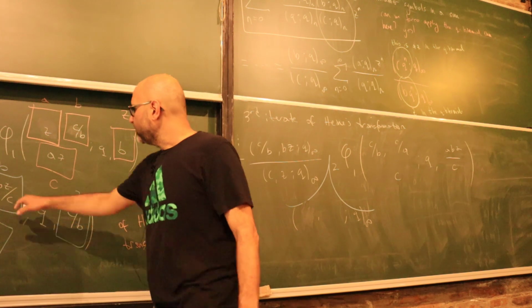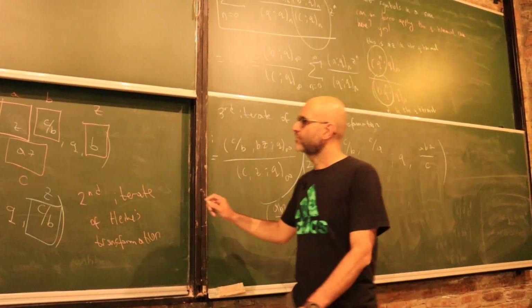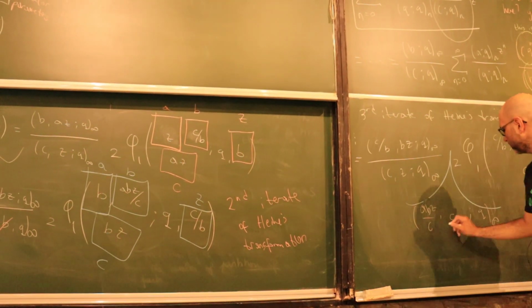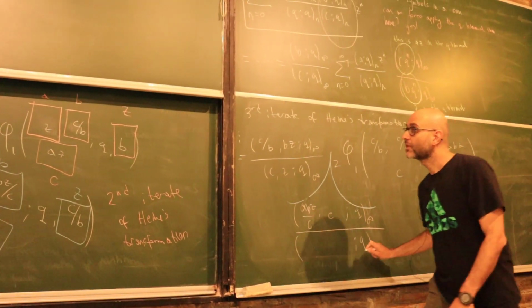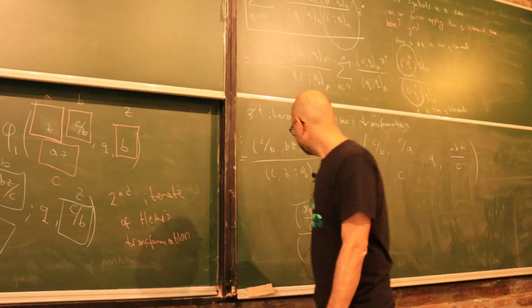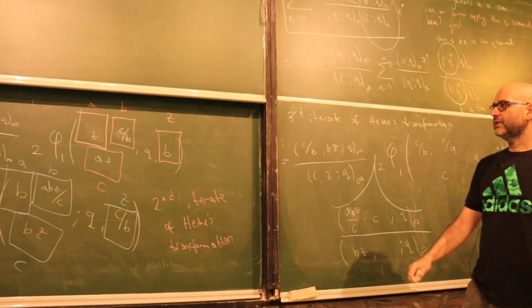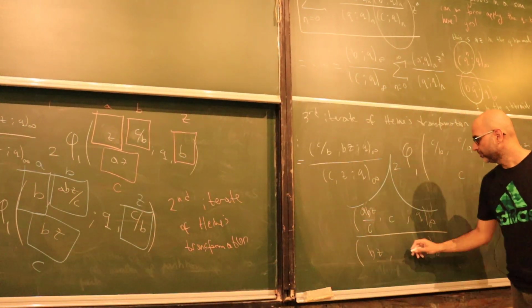B is ABz divided by C. A times z is C. Okay, now we are good. C is B times z. And finally, z is, what is it? C divided by B.